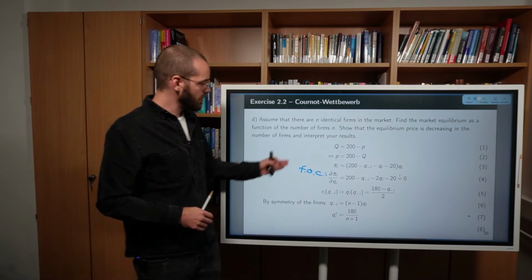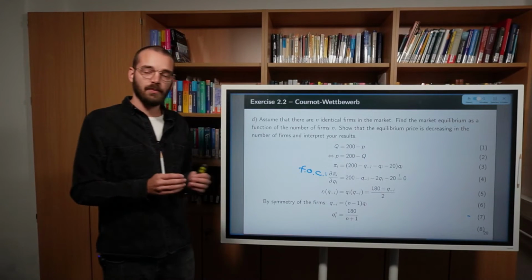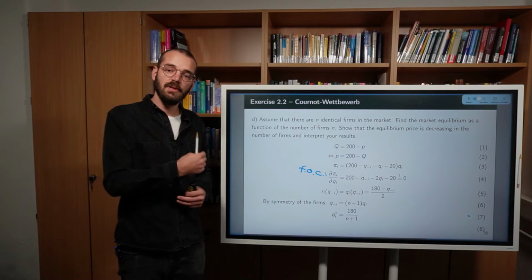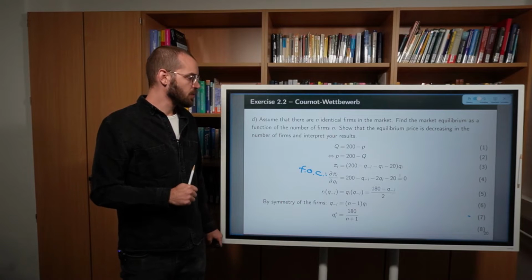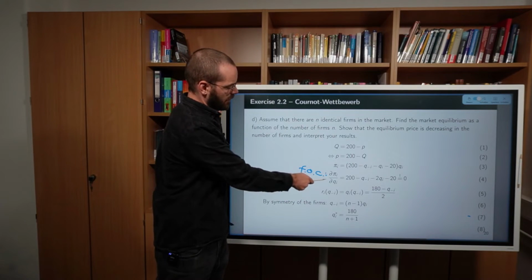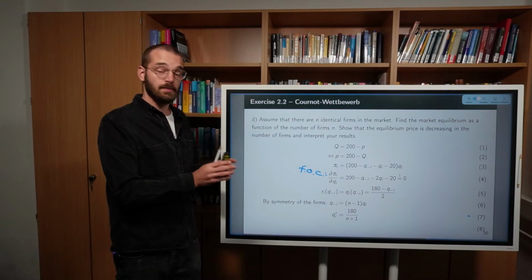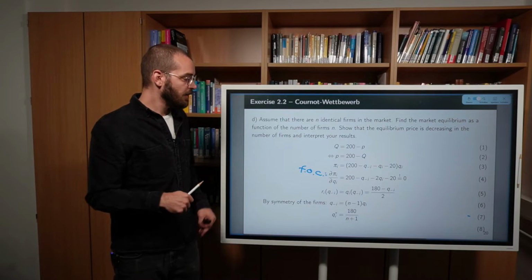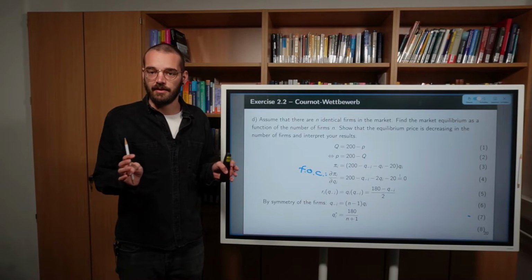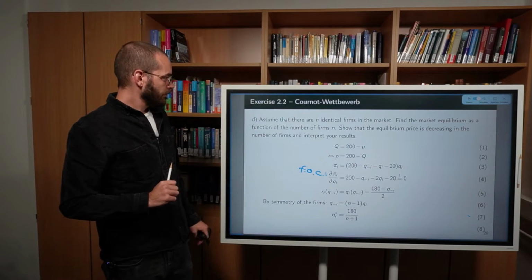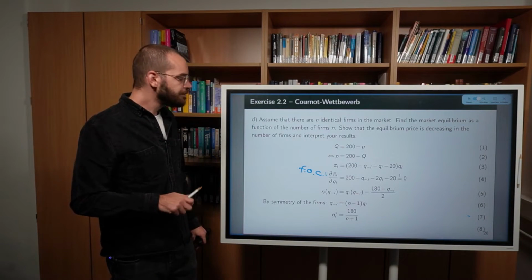And again, doing the same steps that we did in the previous task, we now need to solve this first order condition, this profit maximum condition, for Qi in order to have a proper response function, or reaction function rather.